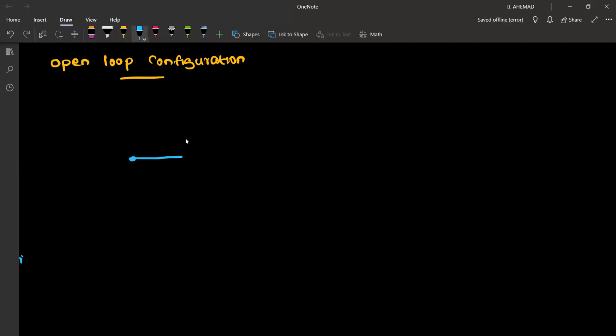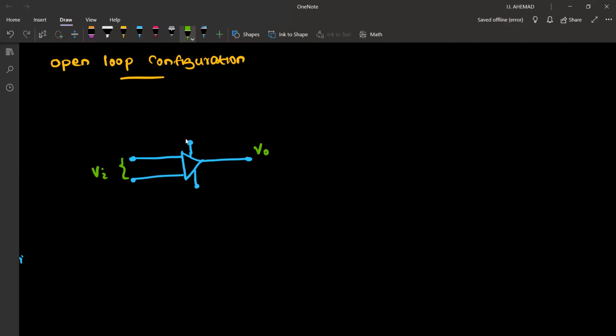We have two input terminals and a single output terminal, and then we have two power supplies. If we provide an input, let's say V in, we get an output.